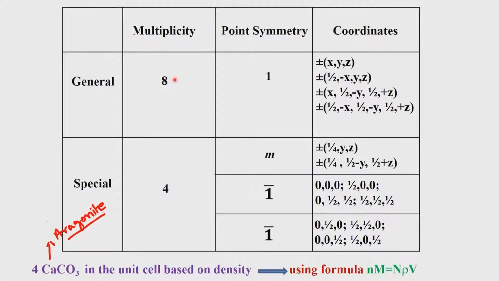So, since it can have only 4 calciums, the calcium atoms can be associated with a mirror point symmetry or a 1 bar point symmetry which is with 0 0 0, or the other 1 bar point symmetry which is with 0 half 0, because all these 3 possibilities can be taken into account, and calcium can have a choice where it wants to sit. See, this is how the structures develop.